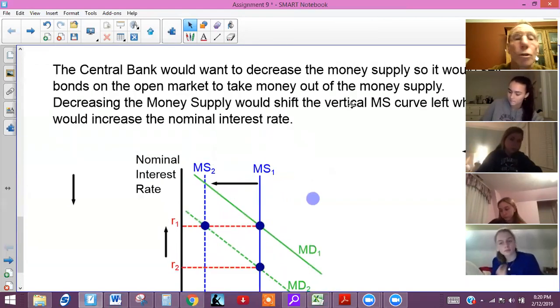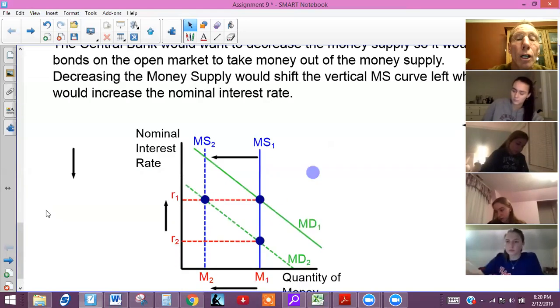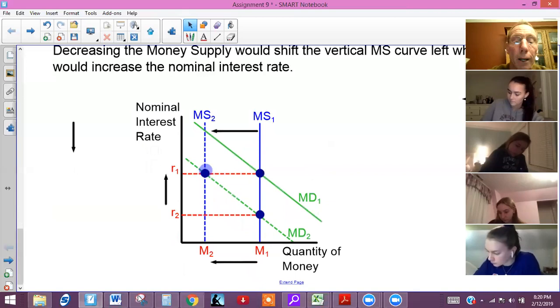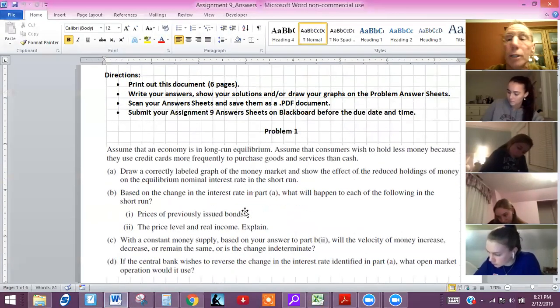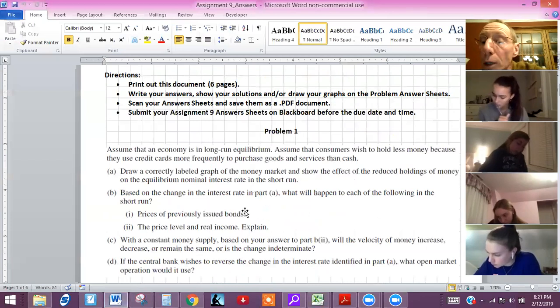So it would sell bonds on the open market to take money out of the money supply, and that would shift it to the left, which would increase. We would move from here up to here. So that would bring the interest rates back up, okay? And that is all of problem one. Does anybody have any questions? Problem one? You guys good?